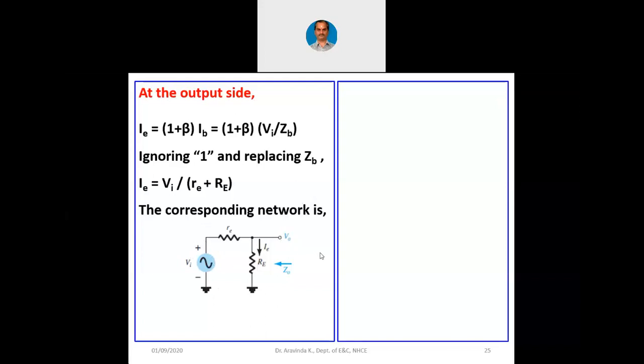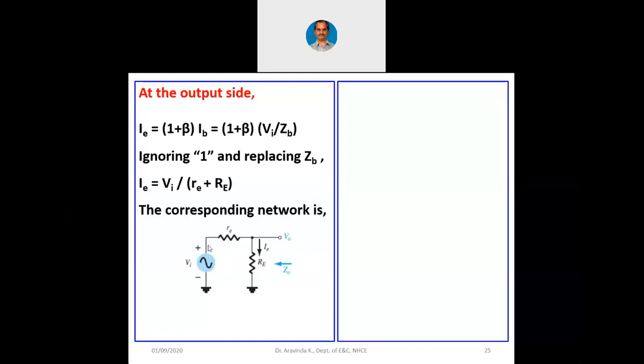Now, from the output, we look into the circuit. We have to find out the output impedance now. Input impedance is looking into the input side. Output impedance is looking into the output side. When we look from the output side, we will short this voltage source. You will be studying this in the network analysis subject, about how to replace the voltage sources and current sources when we do circuit analysis. So whenever we have a voltage source, we should short it.